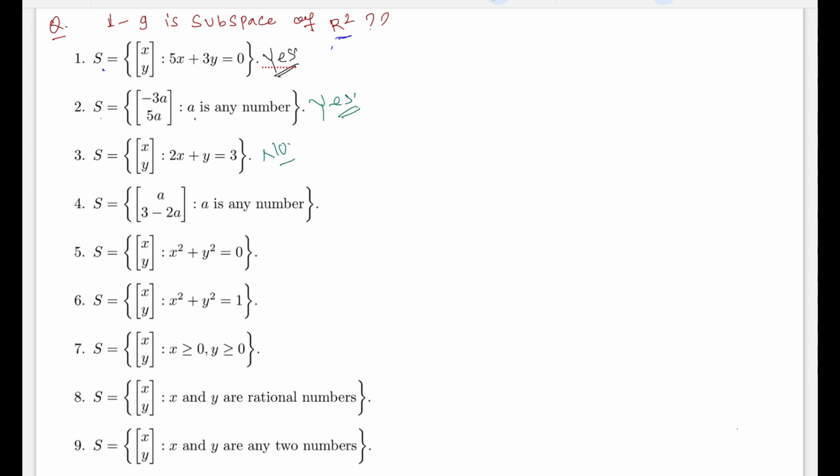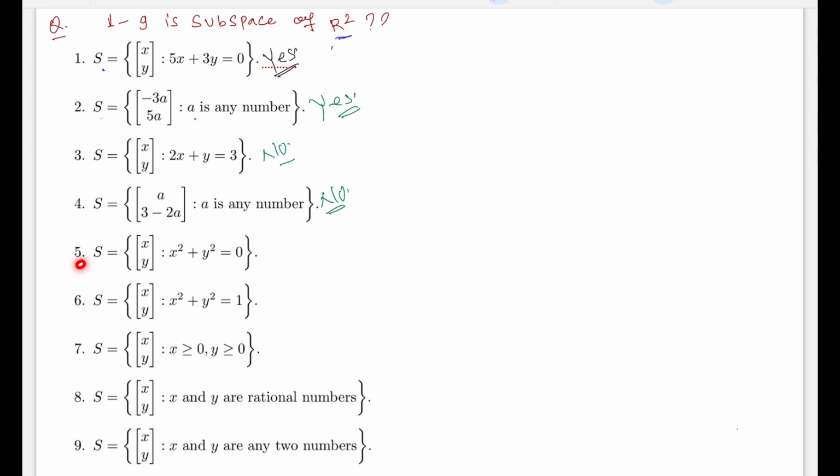If you try to make the second component 0, you will have to take A that is non-zero, and then the first component will be non-zero. So 0 0 will not be there, or you can say the 0 vector is not there, so this will not be a subspace of R square.